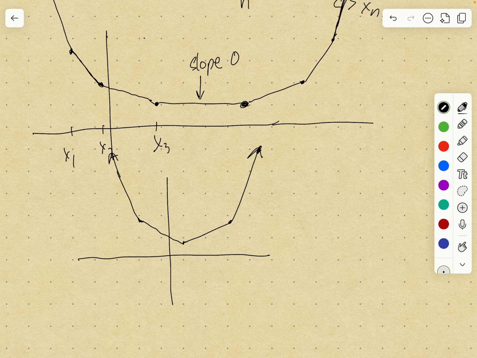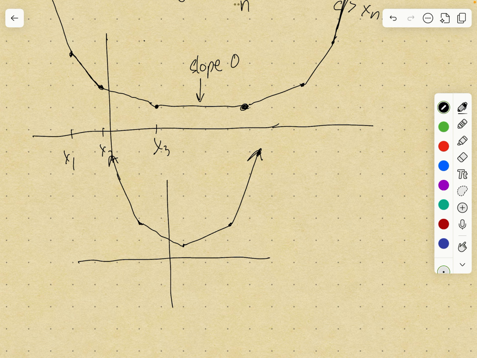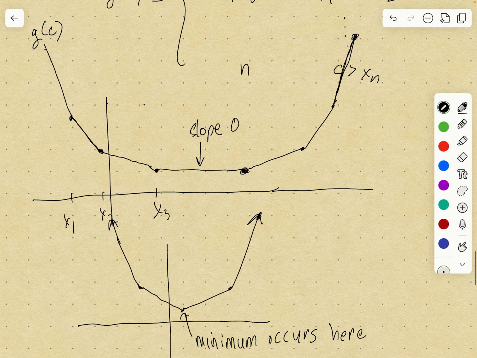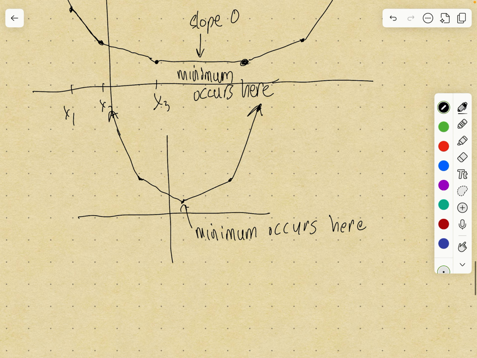But either way, the minimum is going to occur here. And in the first graph, the minimum occurs here, and there's lots of values where the minimum occurs. So here the slope is 0.